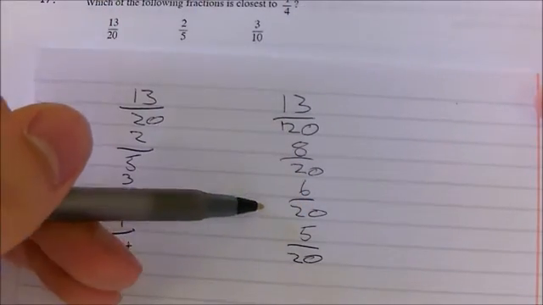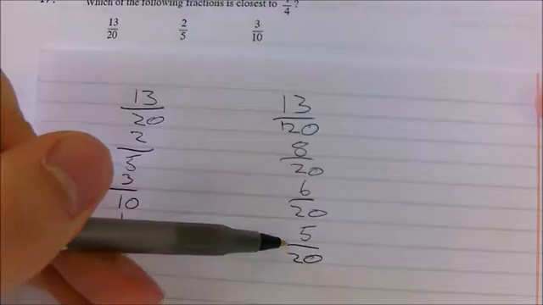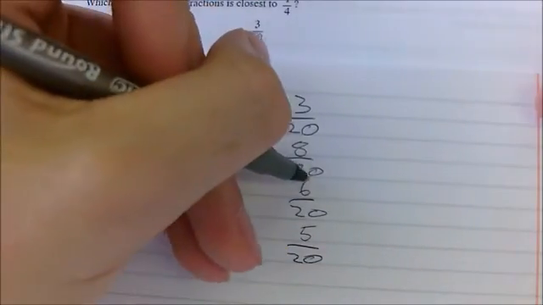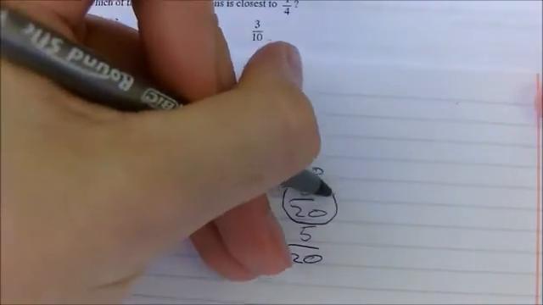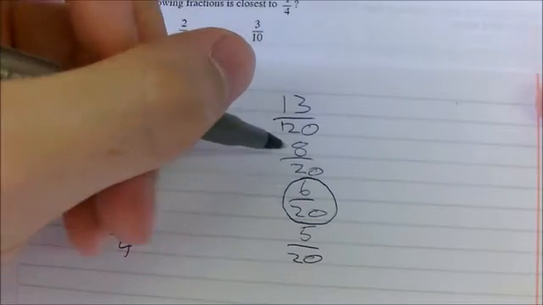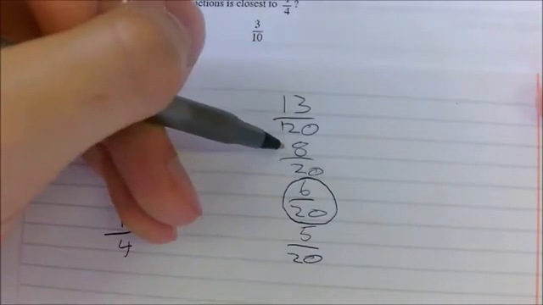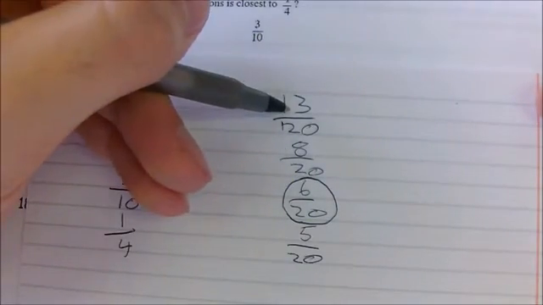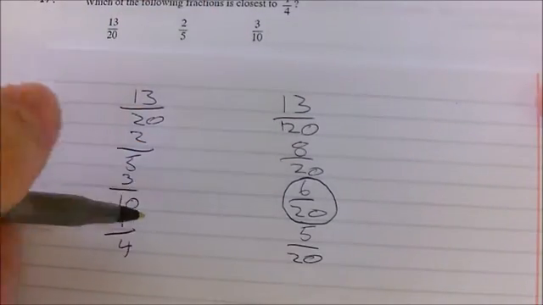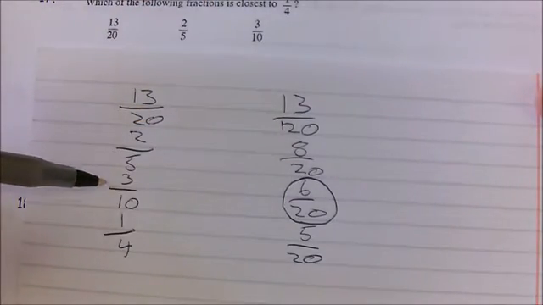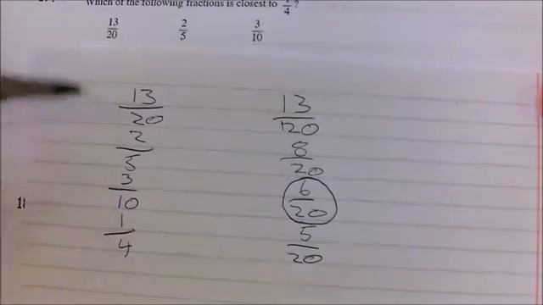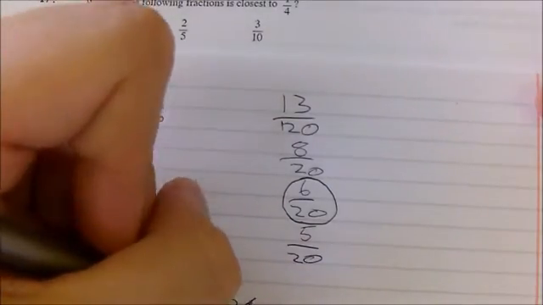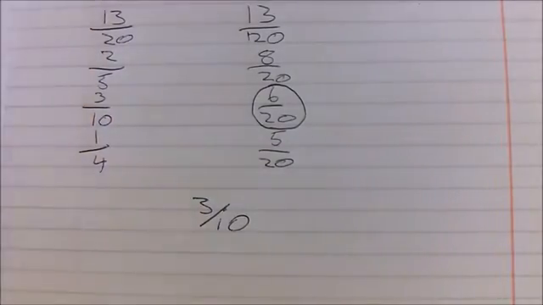So the fraction closest to 5/20ths would be 6/20ths, because this is 1/20th away, this is 3/20ths away, and this is obviously 8/20ths away. So 6/20ths is the closest fraction, which is actually 3/10 in the question. So 3/10 is the closest fraction.